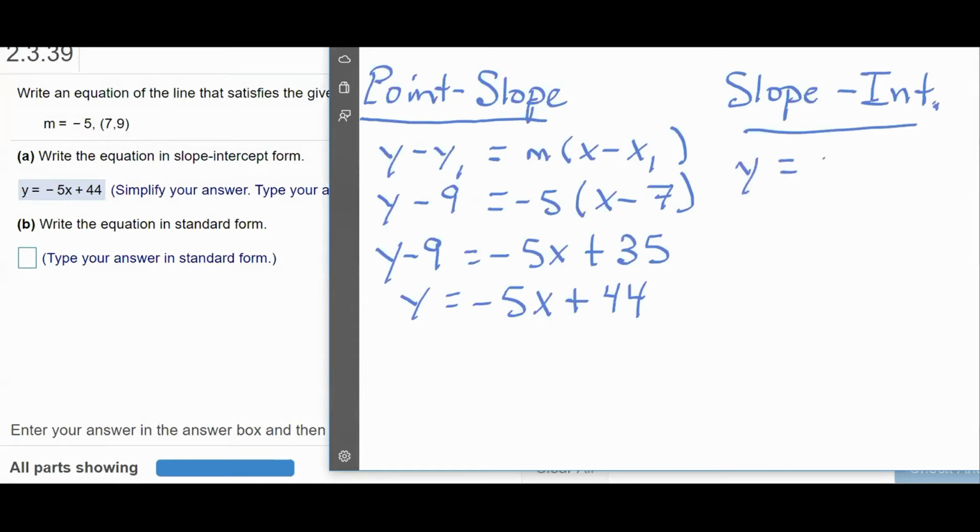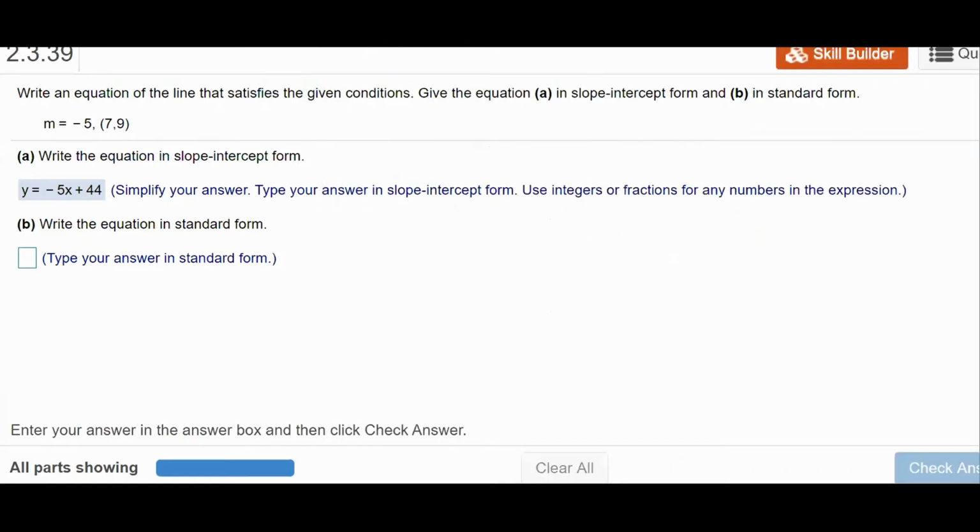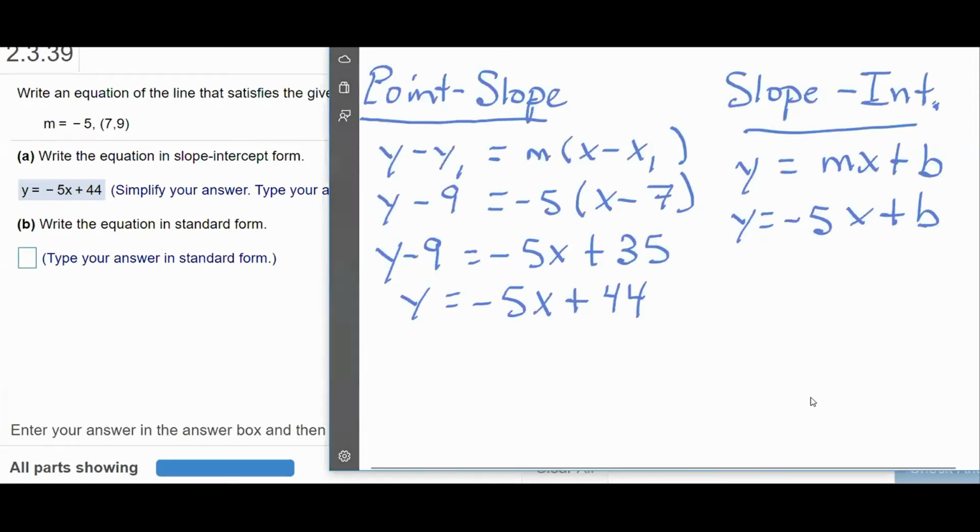Well, given the slope is -5, but if we didn't have this work over here, we wouldn't know what b is. So if we hadn't done the work that's over on the left, what we could do is plug in the x and y that we know.